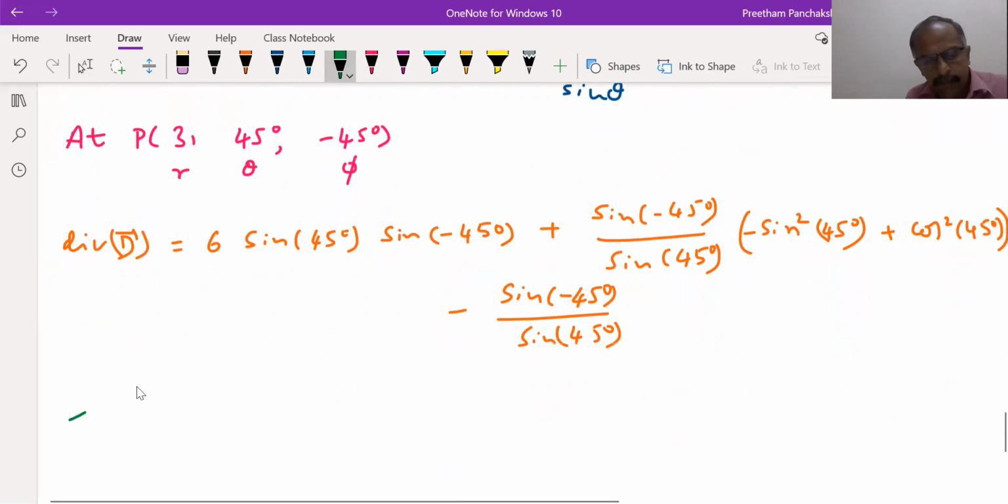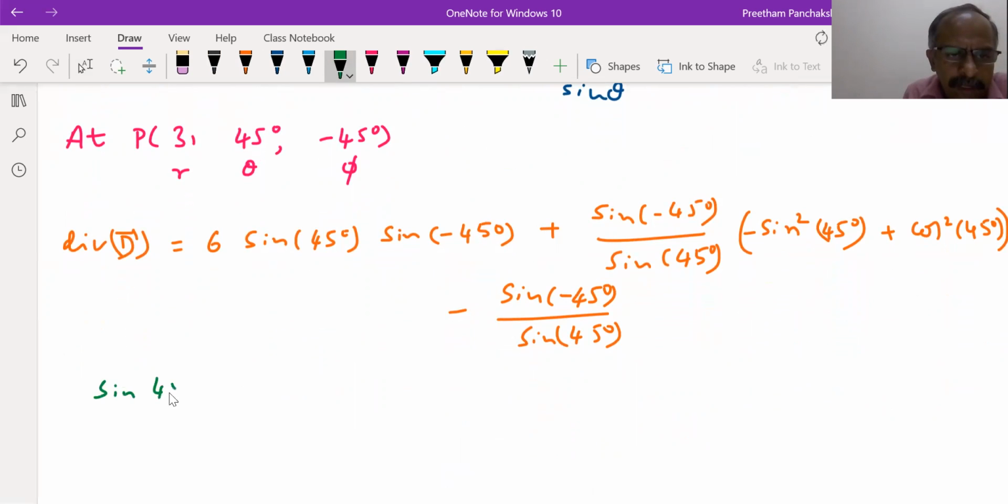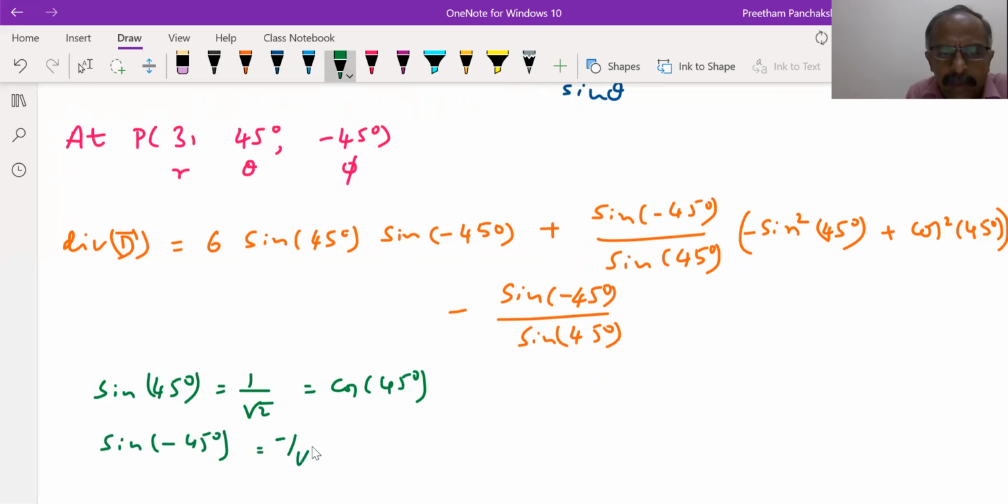Now we know that sin 45 degrees is 1 by root 2. Cos 45 is also 1 by root 2. And sin of minus 45 degrees is minus 1 by root 2. This 1 by root 2 can also be taken as 0.707.